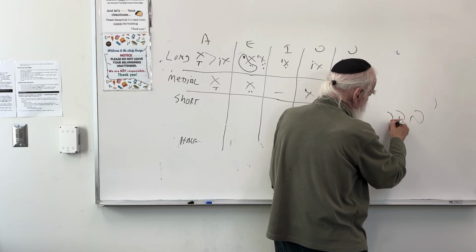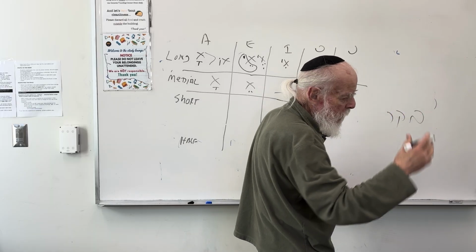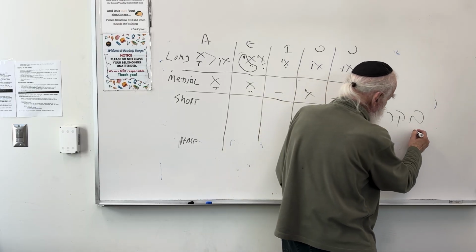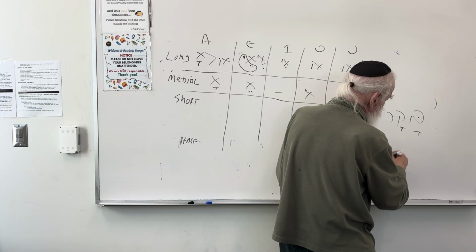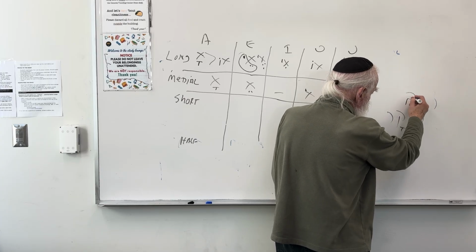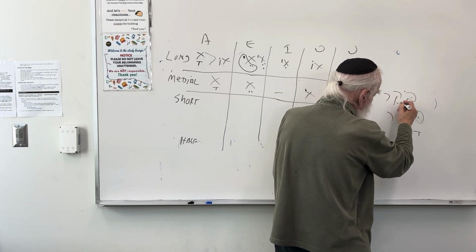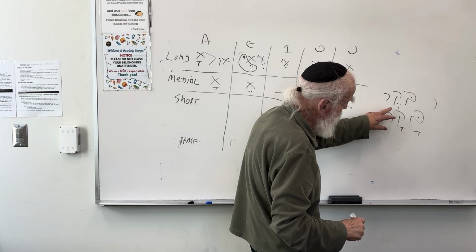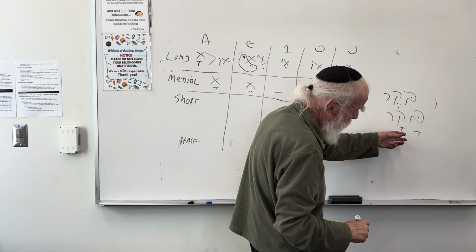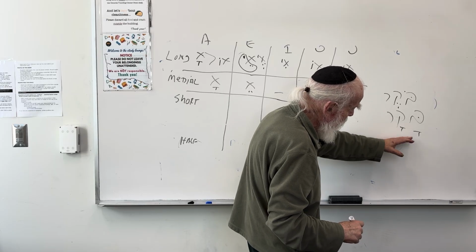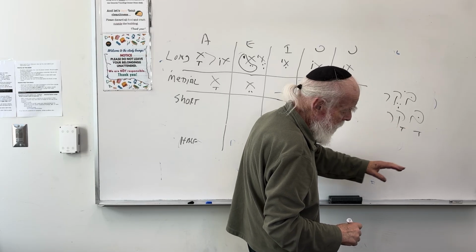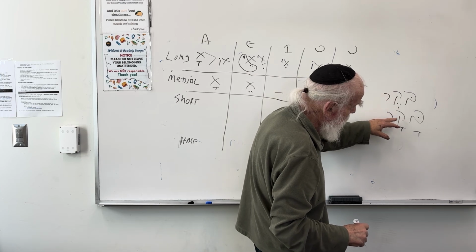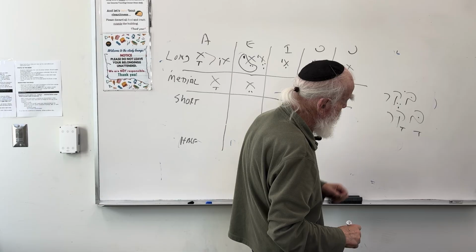If I write without vowels, you can't read that word. Those same 3 letters can spell out the word bakar, the Hebrew word for cattle. The same 3 letters spell out the word boker. And you can see the distinction. When you write with vowels, the vowels give insight to what word you're referring to. This is bakar, the Hebrew word for cattle. This is boker, Hebrew word for morning.